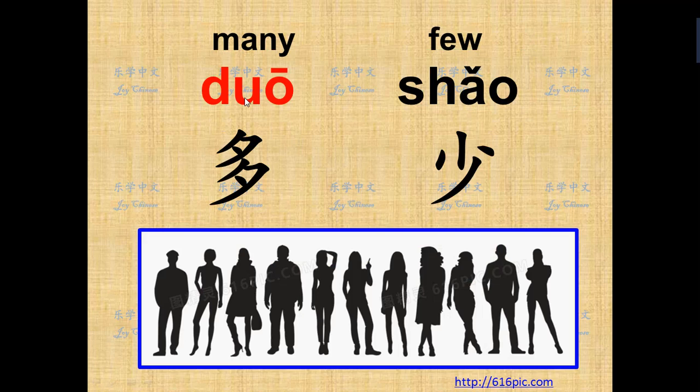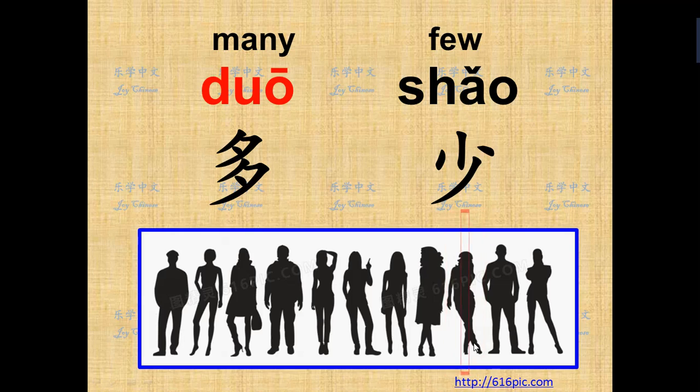The first character we're going to learn is a combination of d and uo with the first tone. Duō. It means many or much, a lot. We have learned this character 少, which means little, few, less. So if there is a lot of people, it means 多, many.